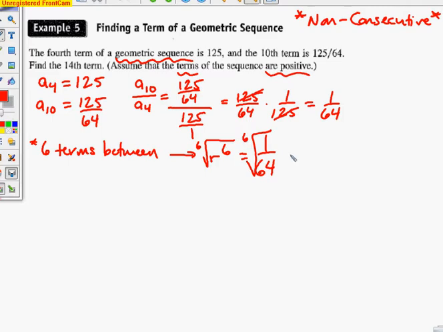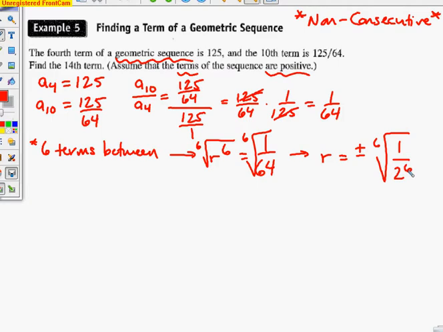Now, what's going to happen is we do get r, and now here's where this comes into play. This assume that the terms of the sequence are positive. When you take a 6th root, you get 2 answers because it's an even root, plus or minus. So you would do plus or minus, and now you can type this in the calculator or recognize that this is just the 6th root of 1 over 64, and 64 is 2 to the 6th.